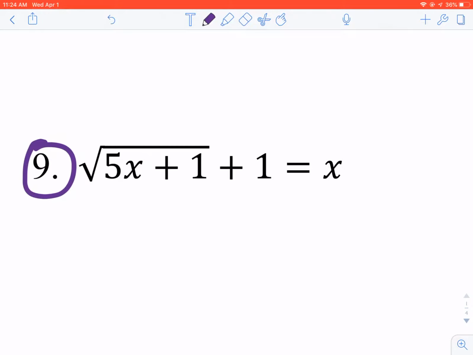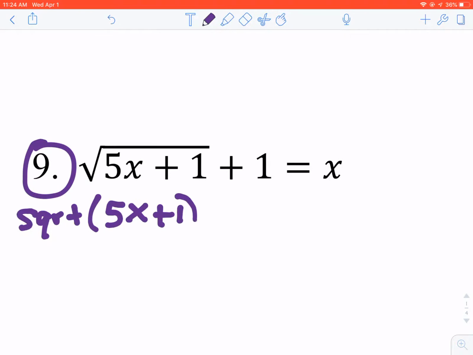All right, it's also a square root, and if there's something like this for you to do on your test tomorrow, it's going to say square root 5x plus 1 equals x. And the parenthesis will stop where the square root sign is. Okay, so we're going to do the same thing, except we're going to have to isolate the square root.